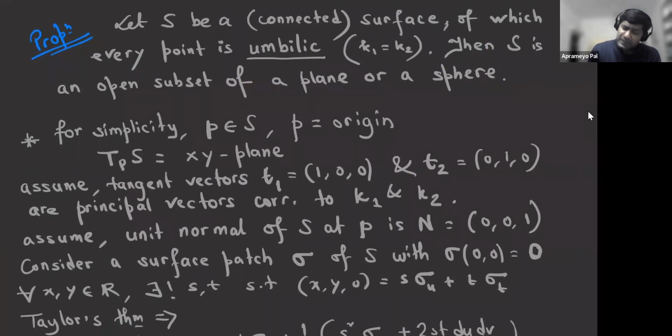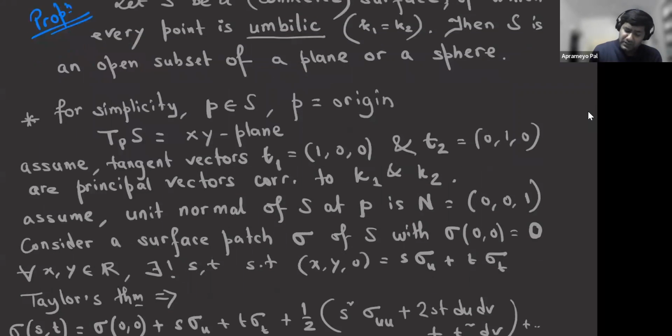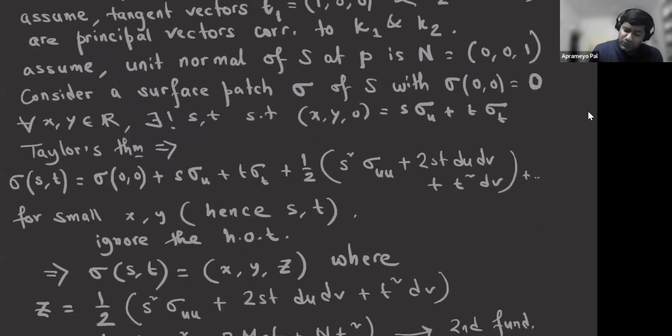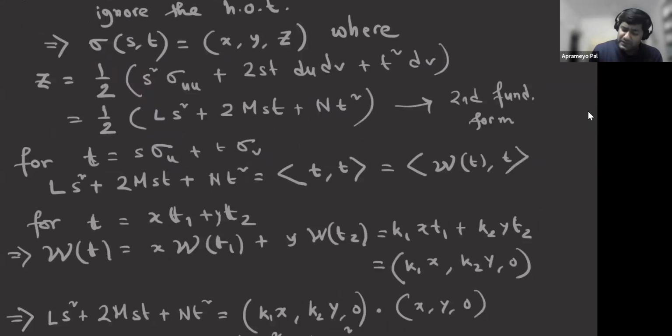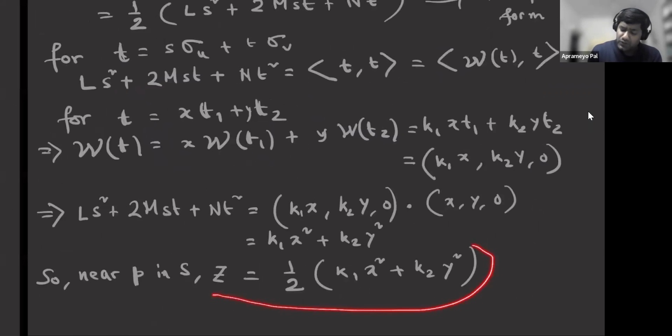The first classification: if for a connected surface, every point is an umbilic point, then it is part of a plane or a sphere. Then, if it is not umbilic, we found the parameterization is approximated by this equation.